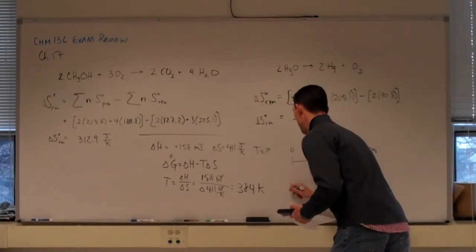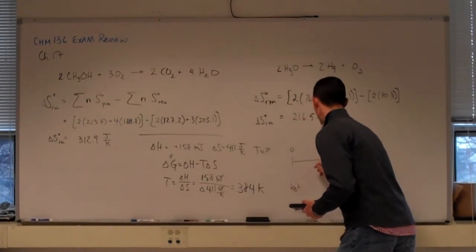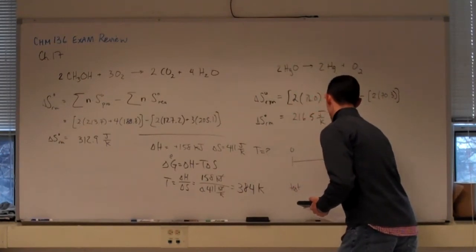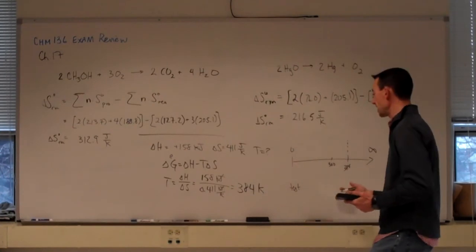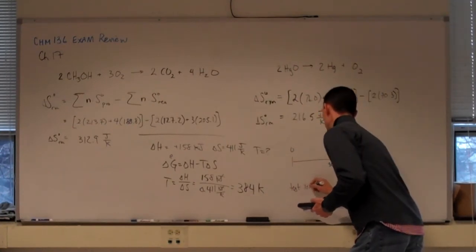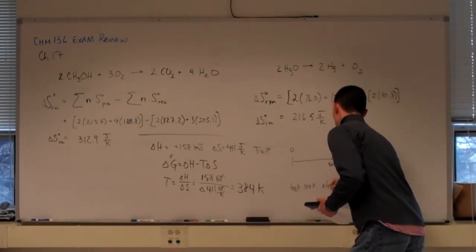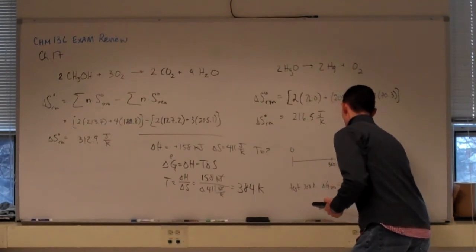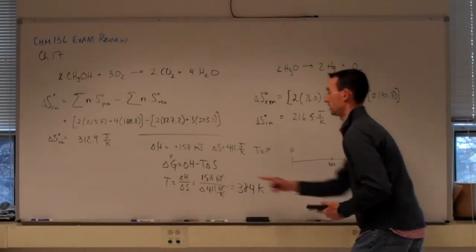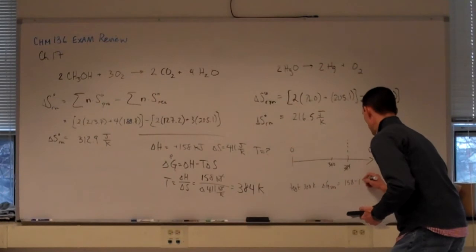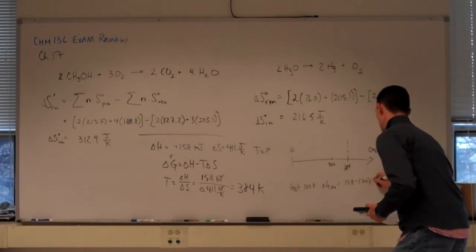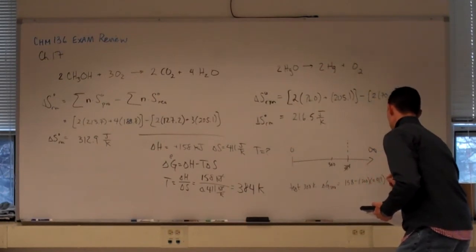So what we need is a test. Why don't we test 300? It's here on the left, below 384. So let's test 300 Kelvin. Delta G at 300 would be 158, delta H, minus 300 temperature times the 0.411.